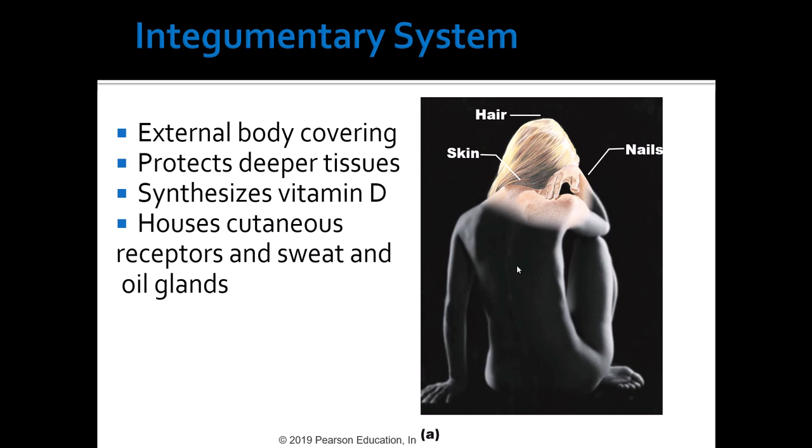So you definitely want to make sure that you check out this figure in your book and have a basic understanding of why we have each of these 11 organ systems, as well as what some of the main organs are of each of these systems.